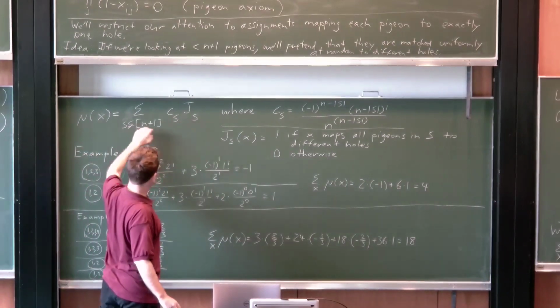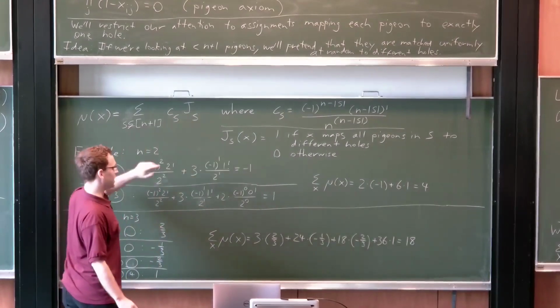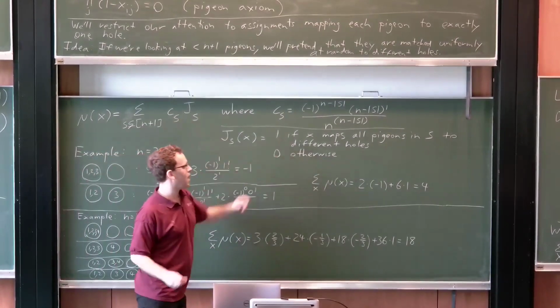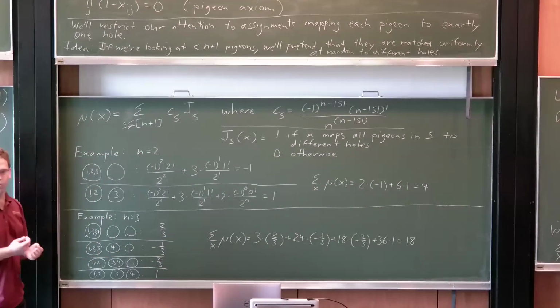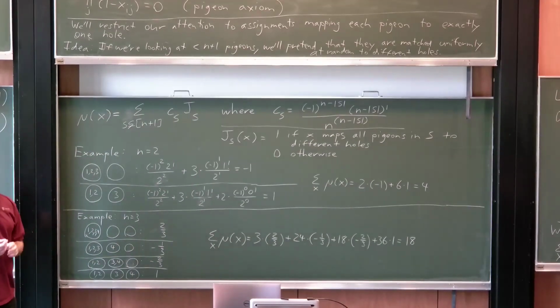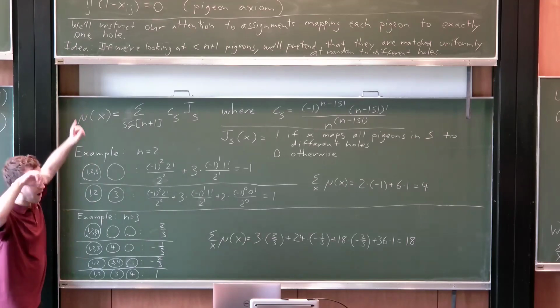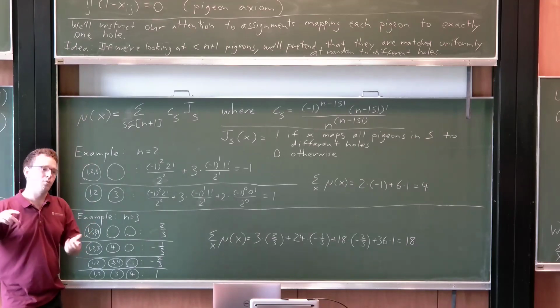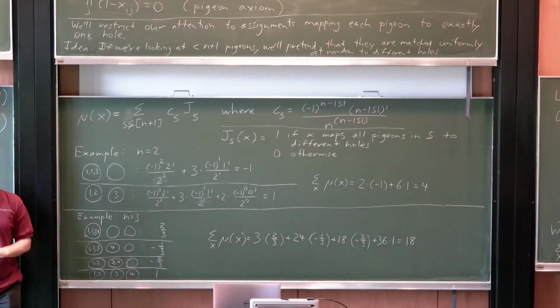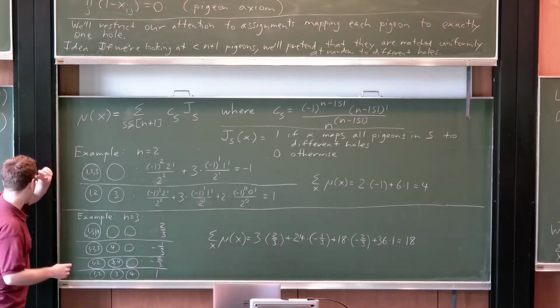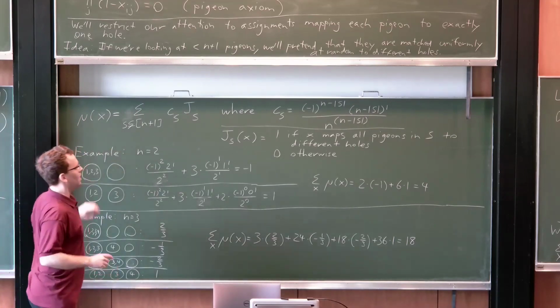Given a subset of pigeons S, we'll let J_S of x be 1 if x maps all the pigeons in S to different holes and 0 otherwise. Does the lower bound also apply if you have dual variables? Oh yeah, in fact we define monomials to have x_i and 1 minus x_i, so yes, we have dual variables here.